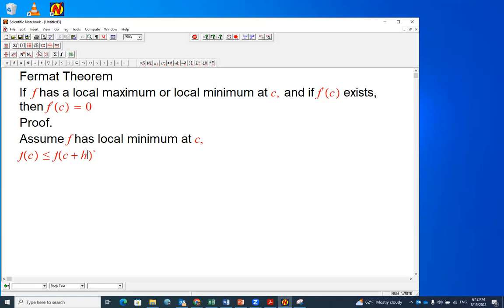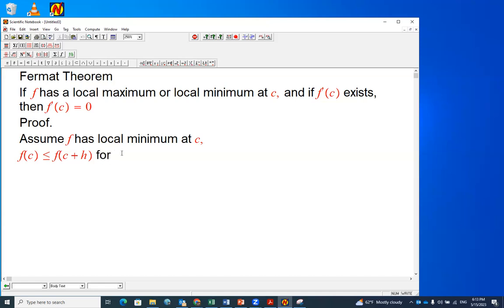So f of c plus h, and h could be positive, it could be negative, it could be just any number. So c plus h is in the neighborhood.